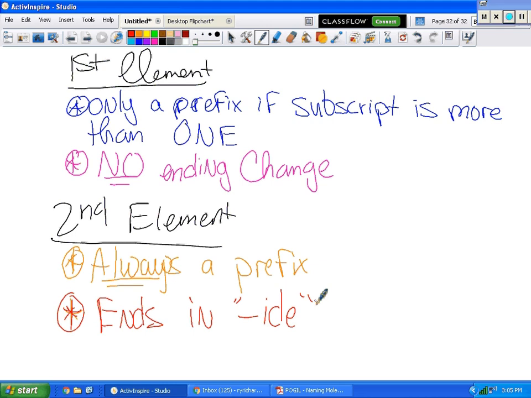And I'm going to have one more little small thing. Pay attention to the double vowel rules.